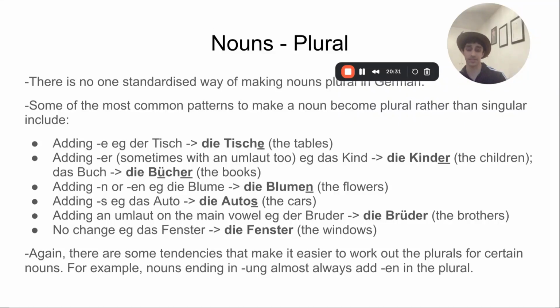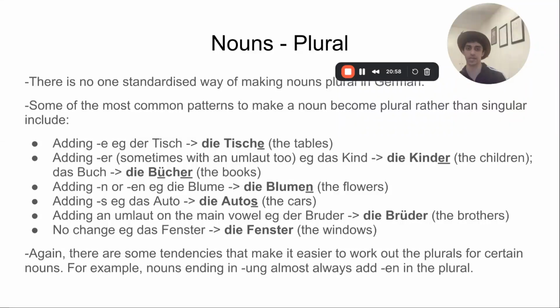Yeah, and for that, if you are struggling with that, first of all, particularly common nouns you will start to see again and again. The more often you see those same nouns, especially in the plural, the easier it will be to remember what the correct plural is. Because after a while, you'll realize that, say, die Kinde with just an E at the end sounds wrong, so it must be something else.